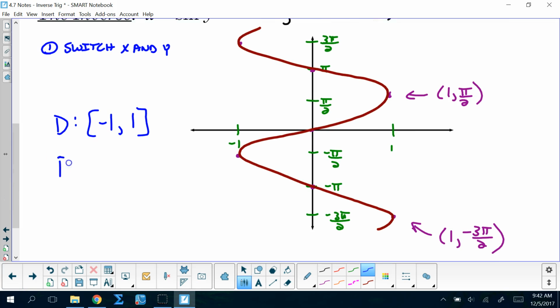What is the range now of my inverse? All real numbers. My question to you is this now. Is my inverse a function? Why not?